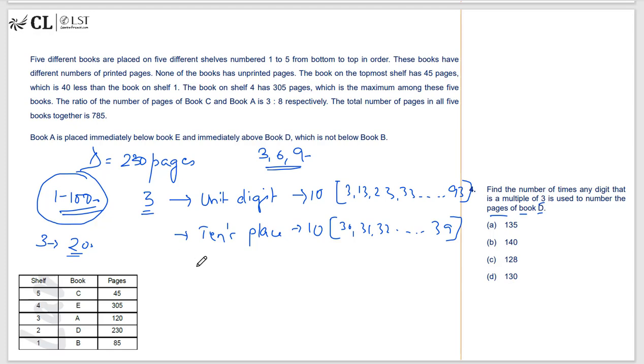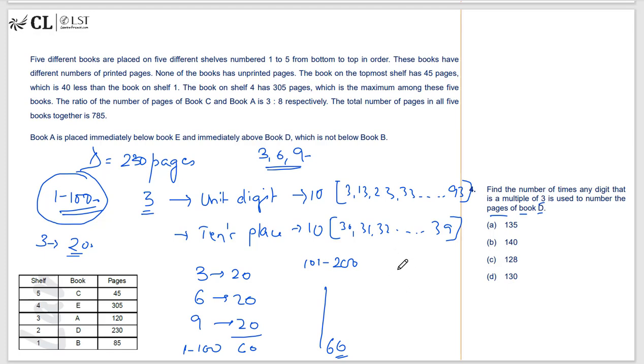Okay. So if 3 has been used 20 times, 6 would also be used 20 times, 9 would also be used 20 times. That's 60 between 1 to 100. The same thing is going to happen between 101 to 200. That would give us another 60 where 3, 6, and 9 have been used.